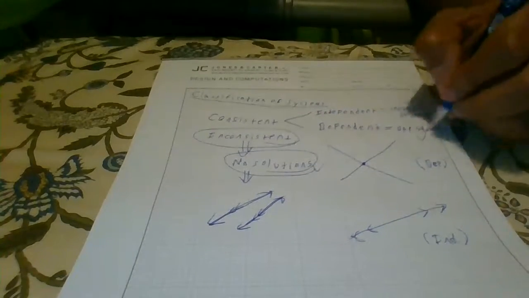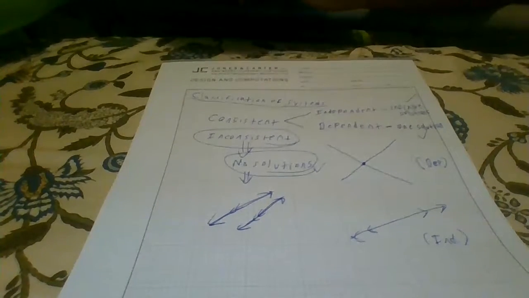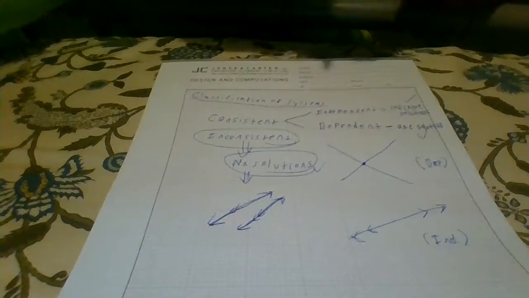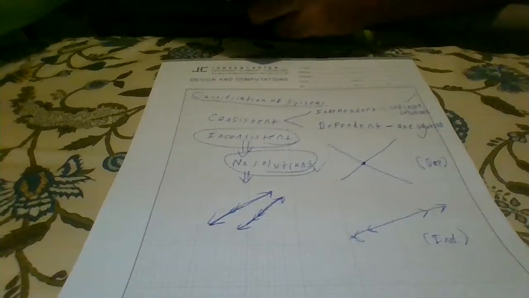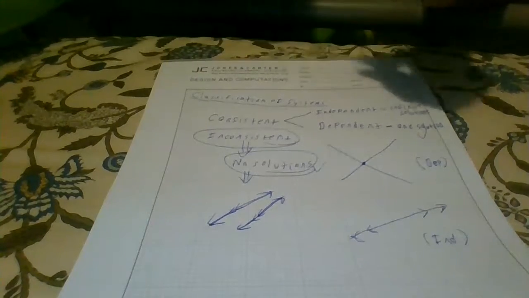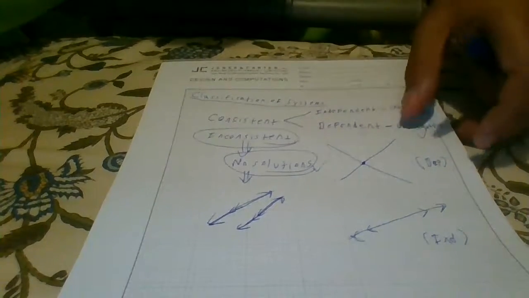Okay, so these are different ways to classify systems, and that gives you what kinds of solutions there are, whether it's no solution, infinite solutions, or one solution. Okay, so that is a really quick overview on how to classify systems, and you will be asked on the test to do that, and there's a lot of practice with that on the test review as well as the practice review. So you'll get a lot of practice with that.